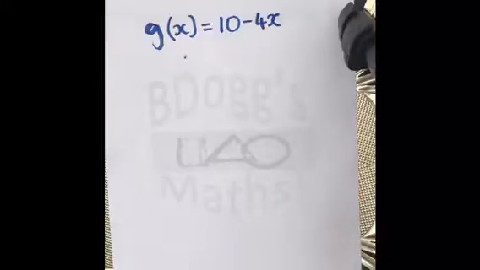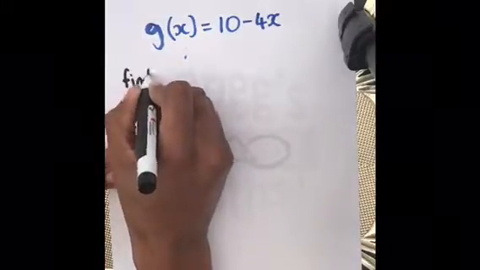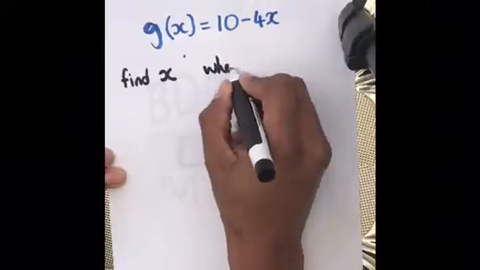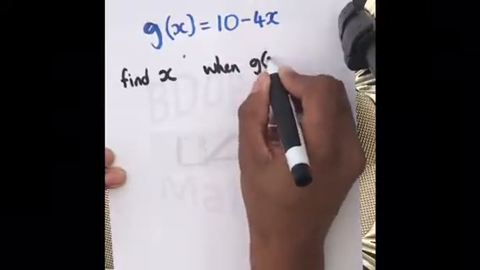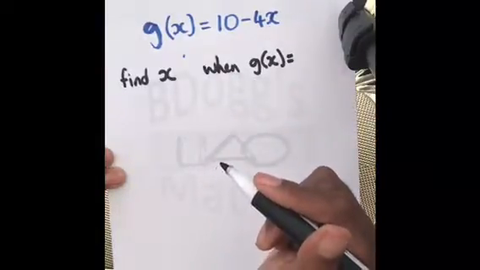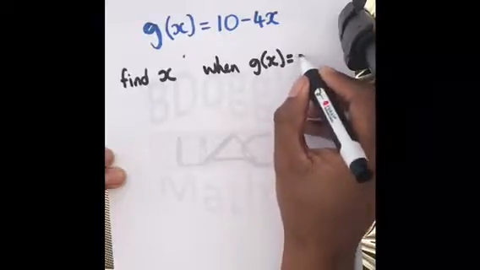If we understand what's going on, it's the key. Let's change the question slightly. Let's say we want to find x when g of x equals, let's go for minus 10.